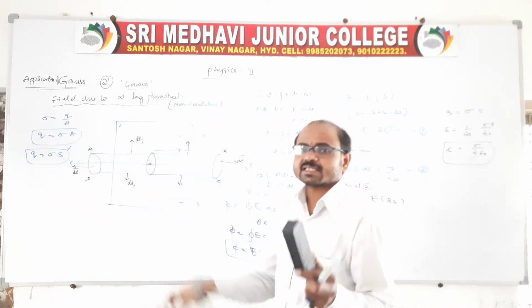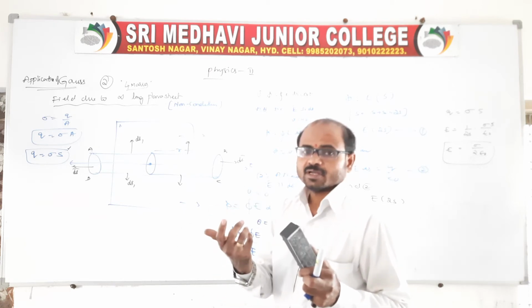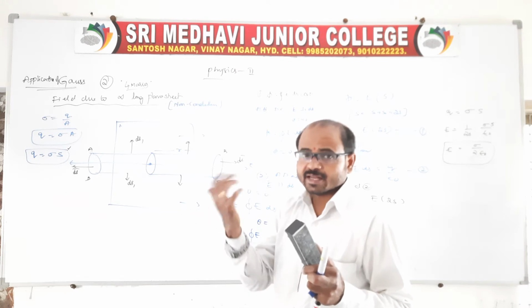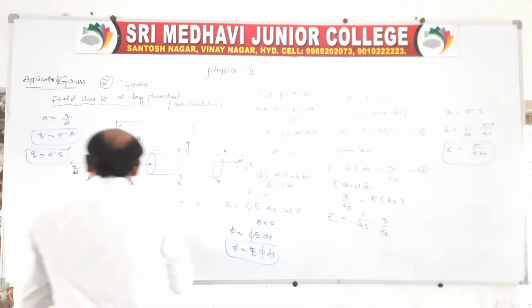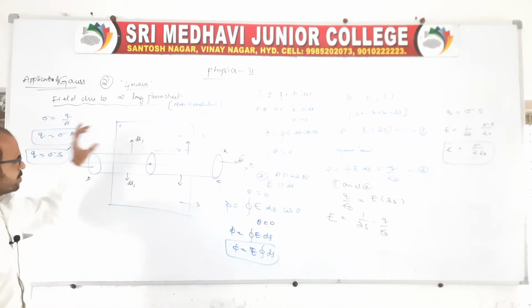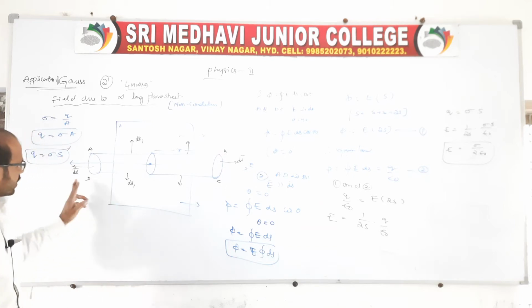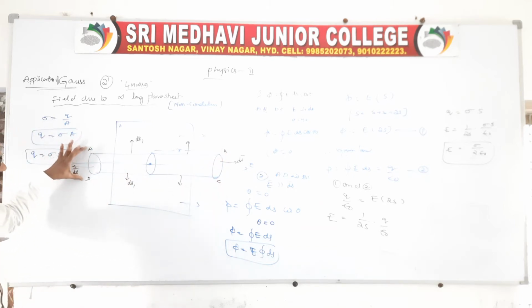Then after constructing that area, we have to find out the field intensity coming from which areas. We have to locate the areas. Here the areas are given like this: A, B, C, D. So AB is one area, DC is another area, BC is one area, AD is one area.